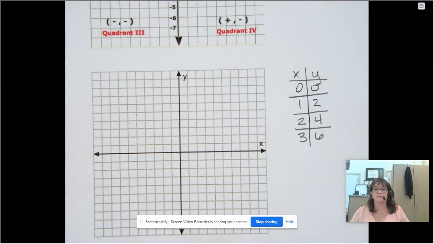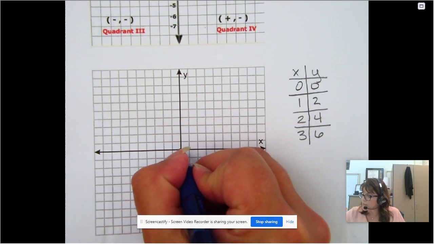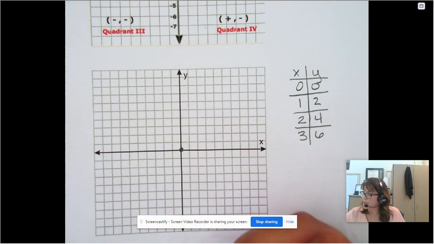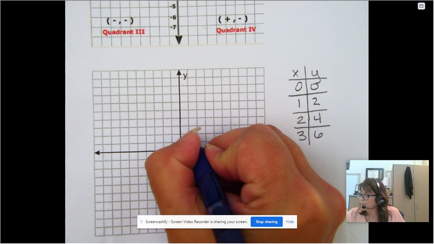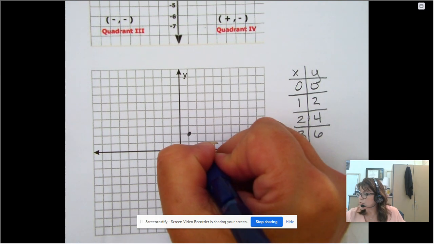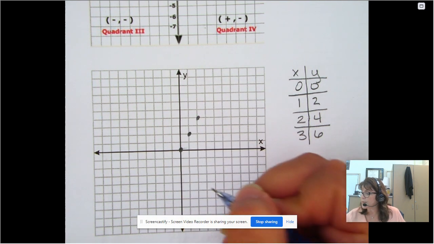You get the idea. To graph this, to see if it's proportional, you could put a dot at 0, 0, the coordinate pair. You could put one at 1, 2, the coordinate pair. 2, 4, the coordinate pair.